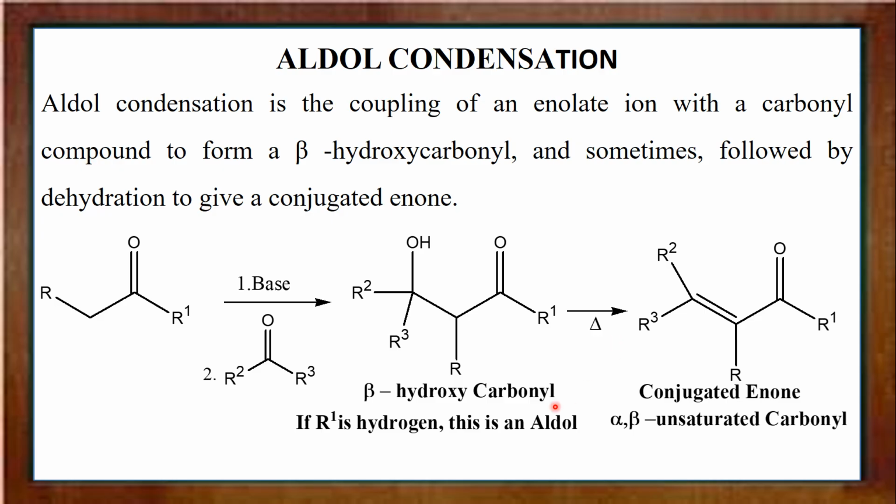And if you add a strong base, it will undergo E2 elimination to make a double bond here. So in acidic medium, E1 reaction operates, and with a strong base, E2 elimination operates, to form an alpha beta unsaturated carbonyl or conjugated enone.